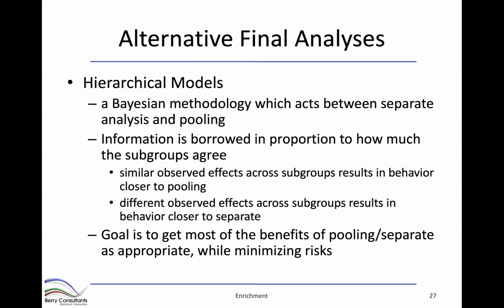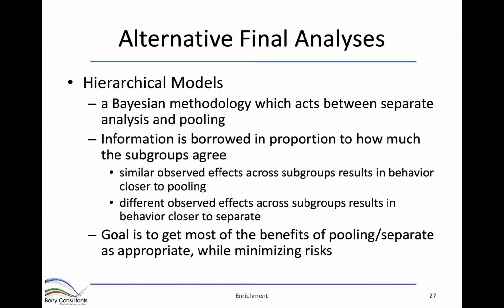There's another possible analysis, which is based on hierarchical models. This is a Bayesian methodology that acts somewhere between separate analyses and pooling. And what it does is it borrows information between the positive and negative subgroups, and it does that in proportion to how much the subgroups agree.